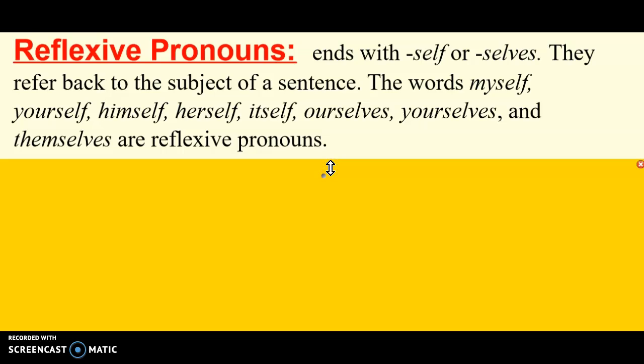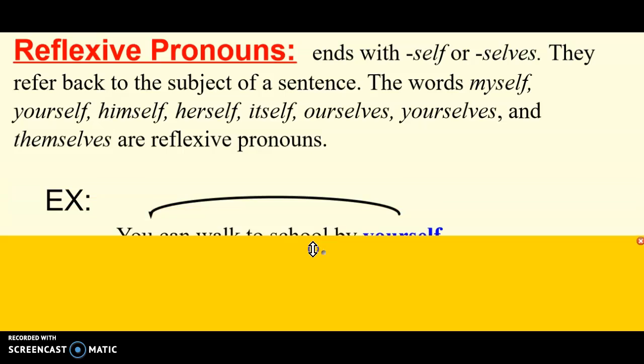So reflexive pronouns end with self or selves, like himself or themselves would be examples. And what they do is they refer back to the subject of the sentence. Okay, and then I give you a list of words that could be reflexive pronouns. And you'll notice that all of them end with the word self or selves.